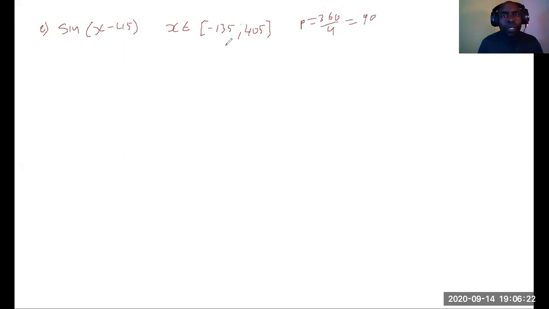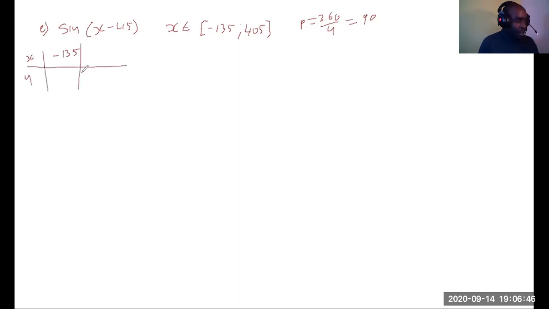So now if we start from here, adding 90, we'll still get our values that we are looking for. So our critical angle would be minus 135, that's x, and then we have got our y value.